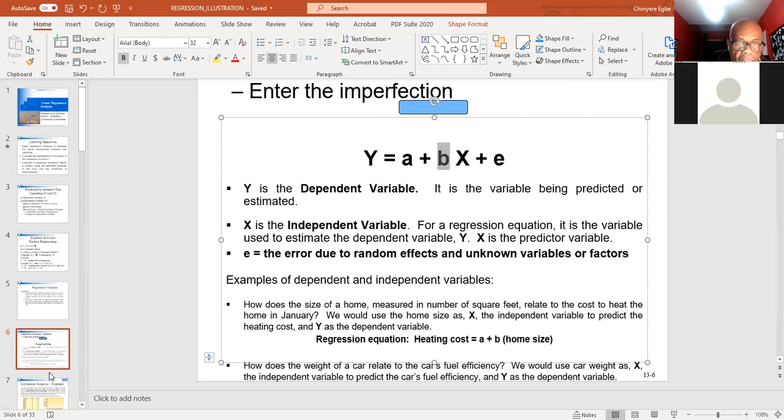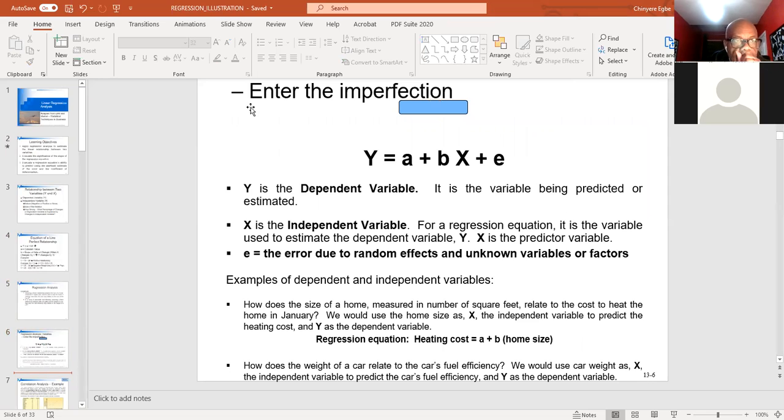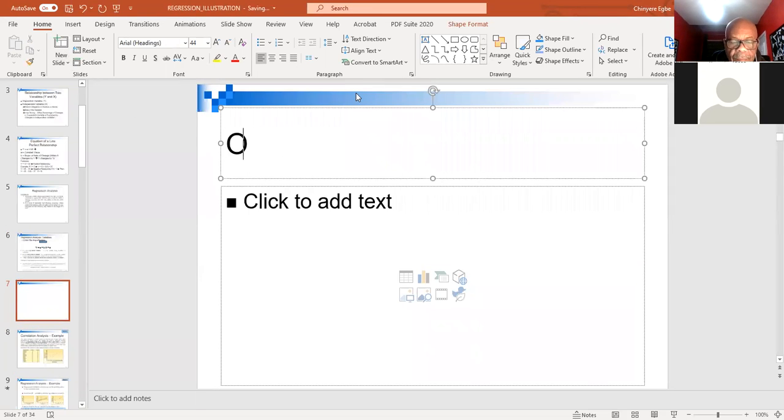And I'm going to write that down, okay? What's the objective of regression analysis?